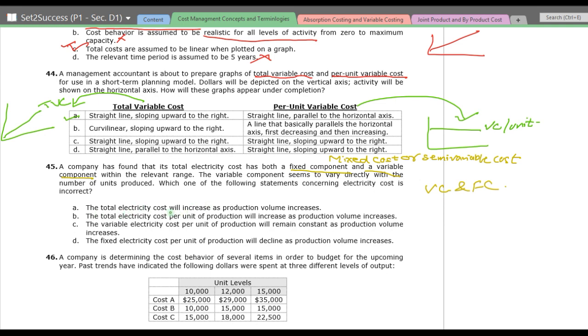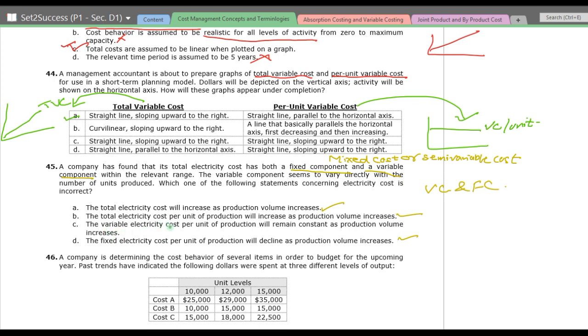The total electricity cost will increase as the production volume level increases. Yes, this is true. The total electricity cost per unit of production will increase as the production volume increases. This is also true, it will increase. The fixed electricity cost per unit of production will decline if production volume increases. Yes, this is also true.